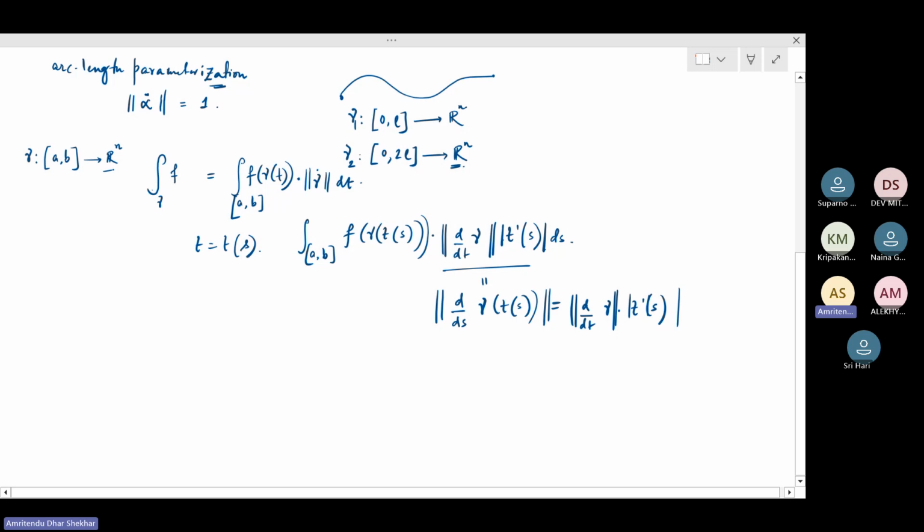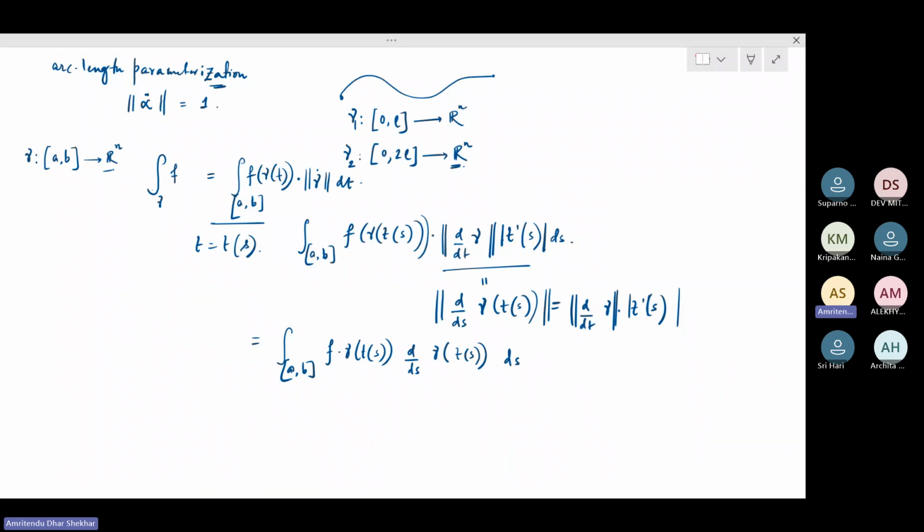So you can just write it as equal to the integral over a comma b of f of gamma of t of s times the norm of d upon ds of gamma of s. When I say gamma of s, you just mean that this is equal to gamma of t of s, ds. So of course, if you define this in this way, then it is independent of how you parameterize the curve.